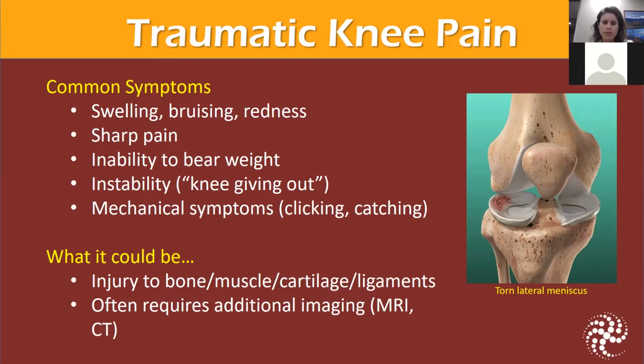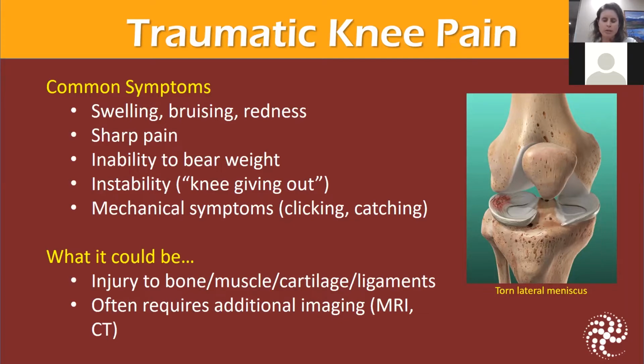And then the final thing that I look for is mechanical symptoms, which is clicking, catching, a sensation like something's getting stuck in the knee or something is shifting in and out of place. Those are all things I look for that might guide me into getting some more imaging. And so, of course, all these things make me think of a meniscus injury, cartilage damage.